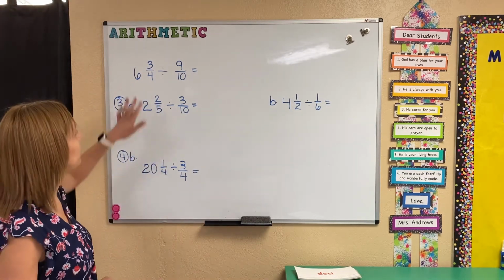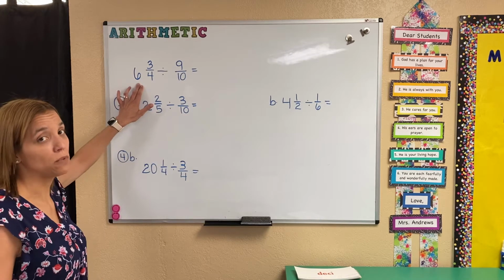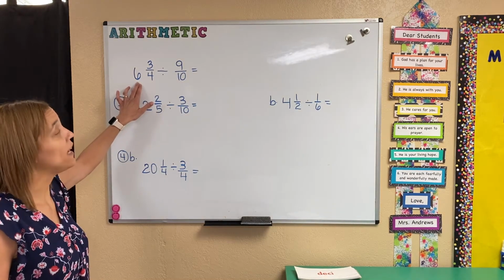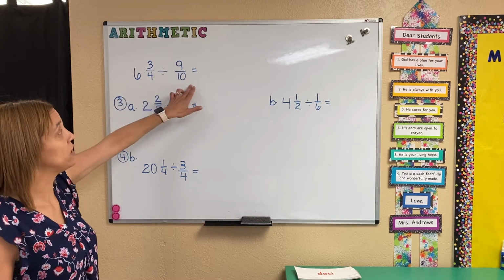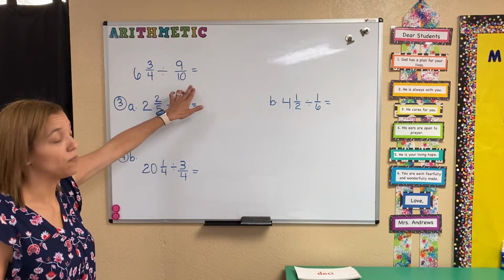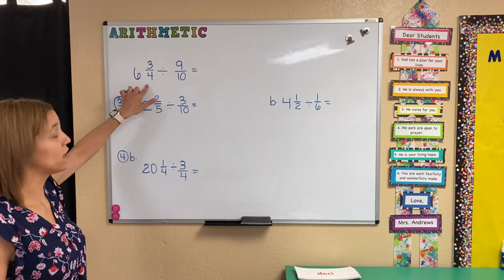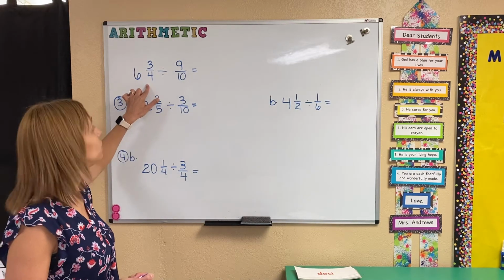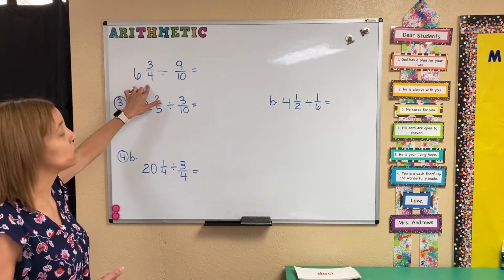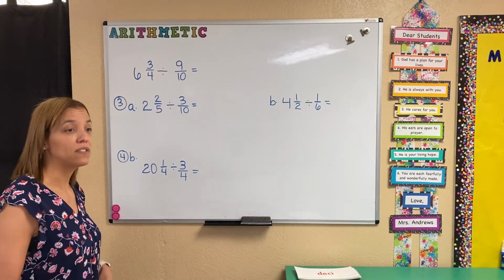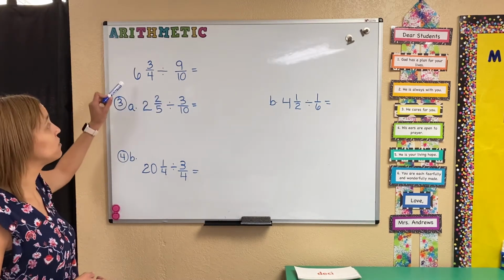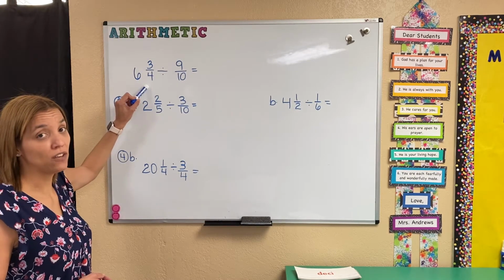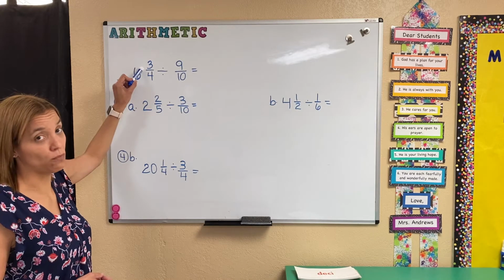So if we look here, our mixed number is 6 3/4, and our divisor is going to be 9 over 10. So the first thing that we are going to do is change the mixed number to an improper fraction. So how do we do that? The first thing that we need to do is multiply the whole number times the denominator and then add the numerator.